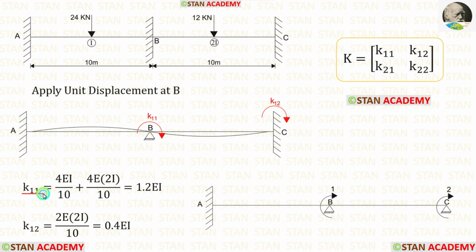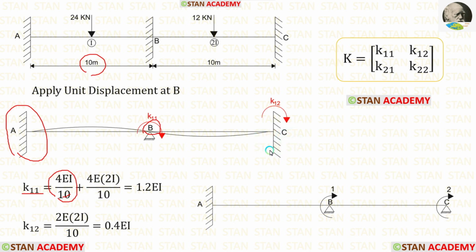Now let us find K11. For that, from the point B, we have to look on both the sides. On the left side, there is a fixed support. If the far end is fixed, the formula for the stiffness is 4EI upon L. Length of BA is 10. Let us apply that.